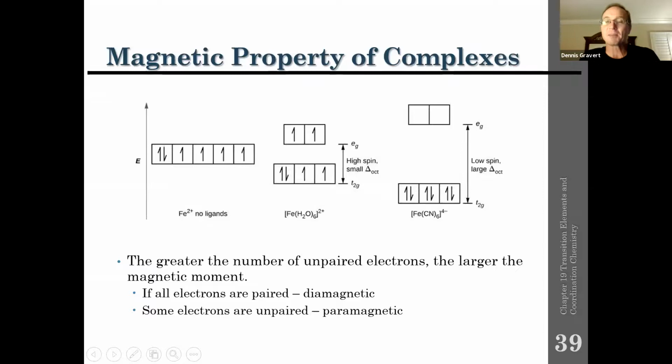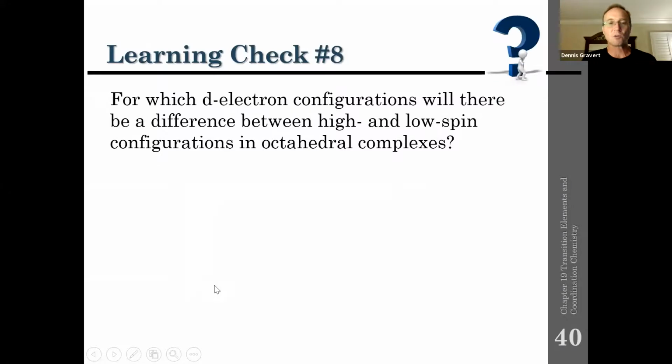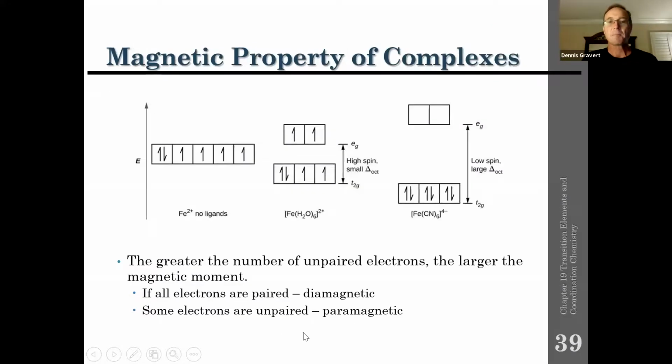Why were we counting up those unpaired electrons? Right here to explain magnetism. This is cool. So paramagnetic compounds are the ones you're most familiar with that make up real magnets in everyday life, right? So the refrigerator magnets, or what else?